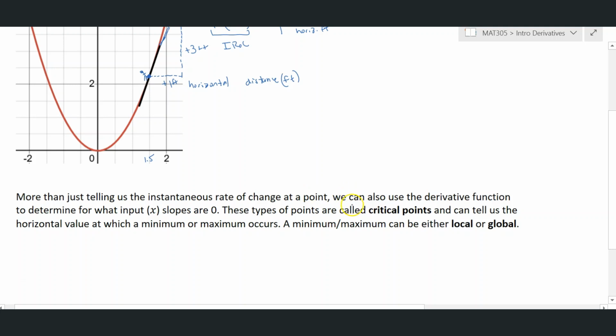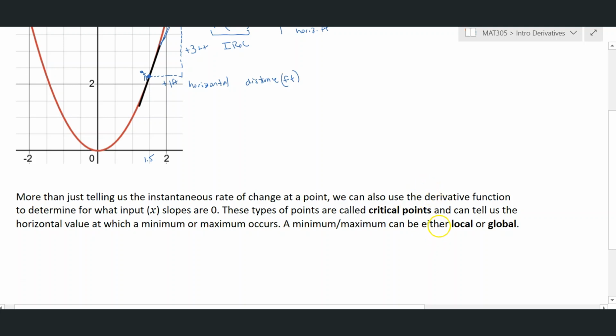Okay, so yes, we can plug in a value of x and figure out what the slope is at that value of x on the curve, but we could also use the derivative function and set it equal to 0 and figure out for what x there are 0 slopes.